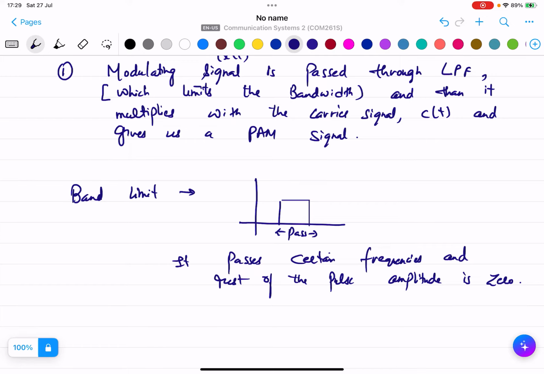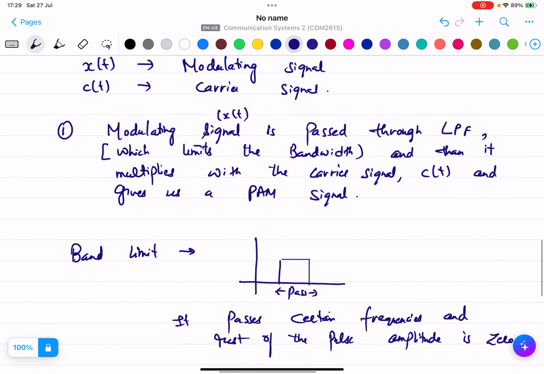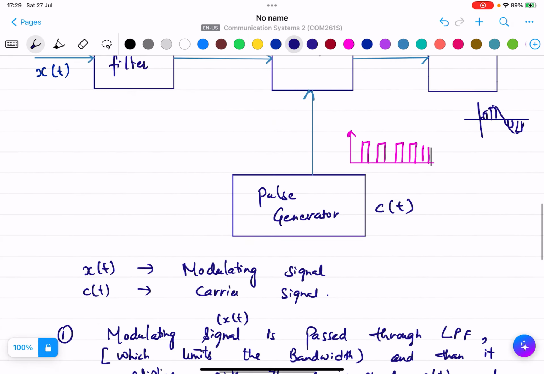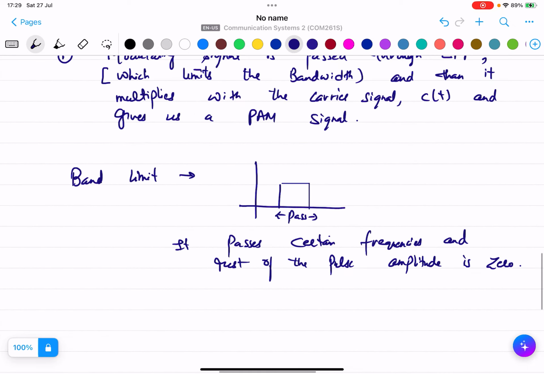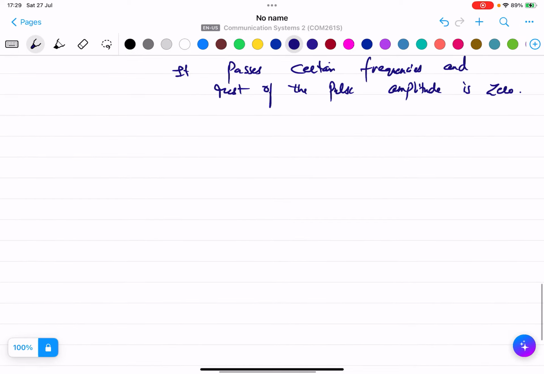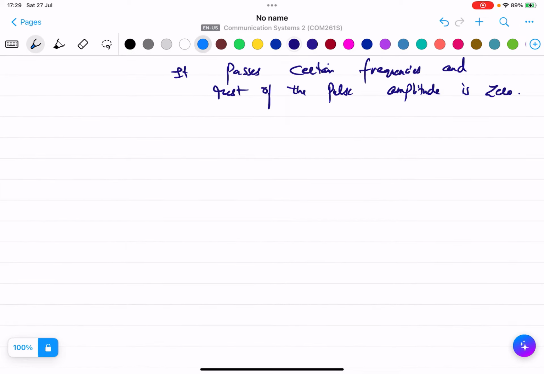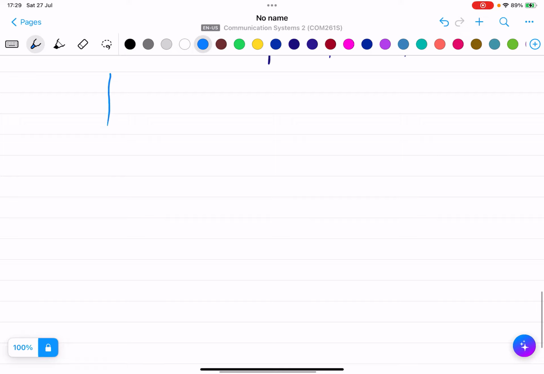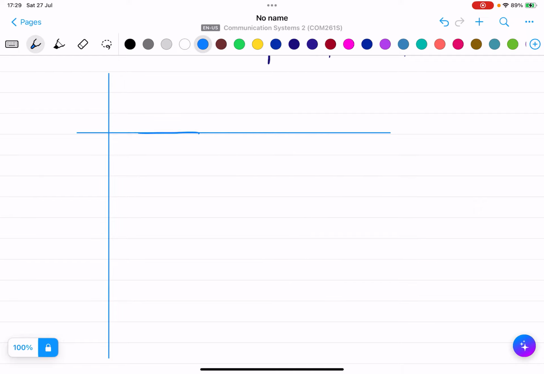Now if it comes in the exam, you need to make the block diagram, explain it in 2-3 lines, and make the waveforms. So I'll make the waveforms of PAM. For making the waveforms, what do you need? A modulating signal, simple. Suppose this is the modulating signal.